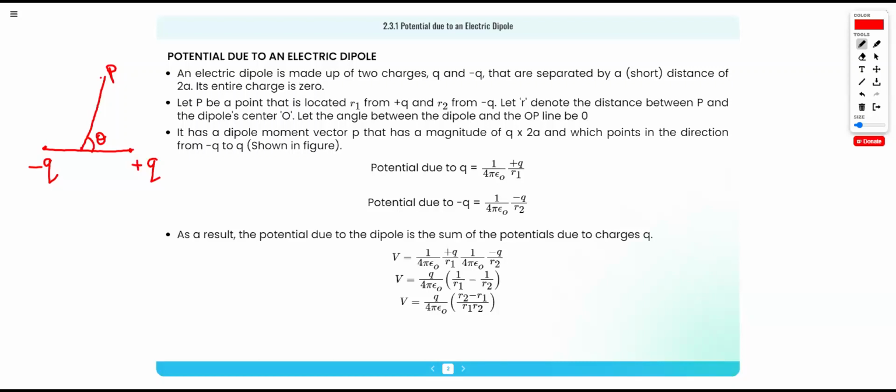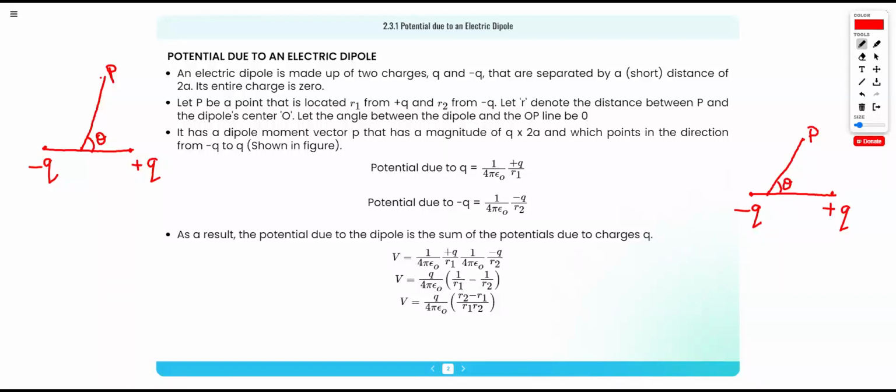Now what I'll do, I'll join this so that I can make a good triangle and derive this relation. Initially I took only two points, the minus charge and the positive charge, and the line joining them. Then point P will be at an angle theta.